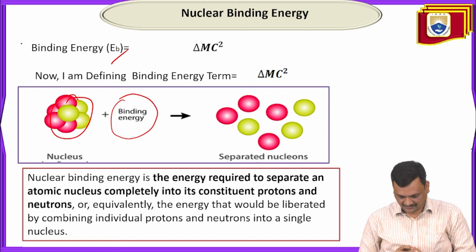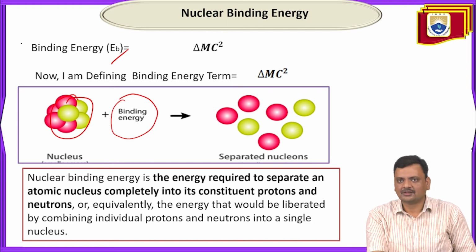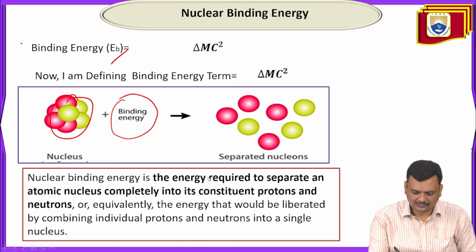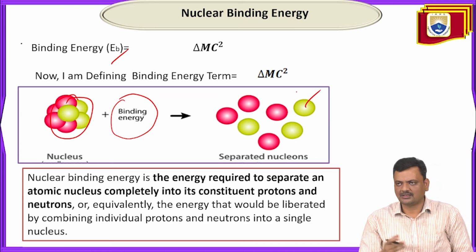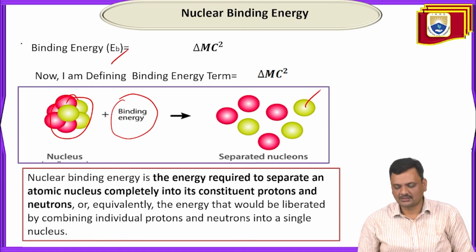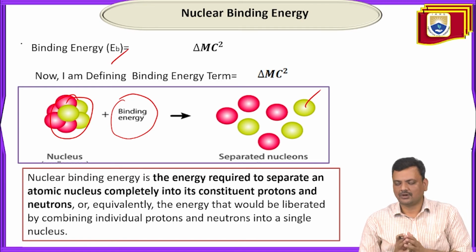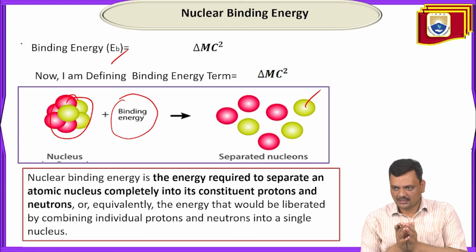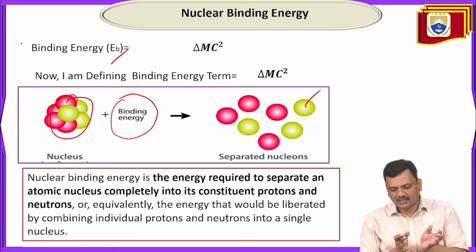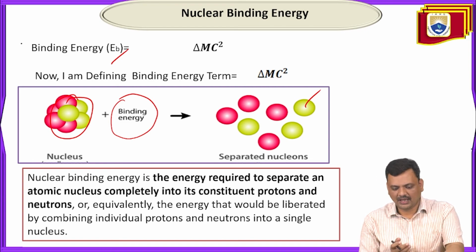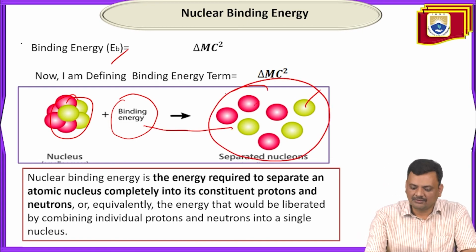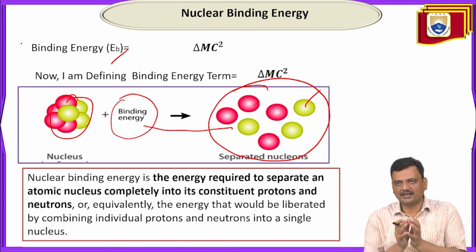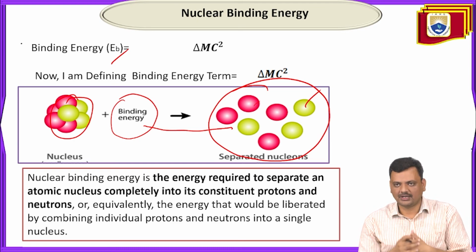The same thing, you can reverse the order. There are separate nucleons, meaning protons and neutrons, and if you want to bind them together to constitute one nucleus, you have to supply some binding energy. If you supply this binding energy to this assembly, they will collide and create one nucleus.